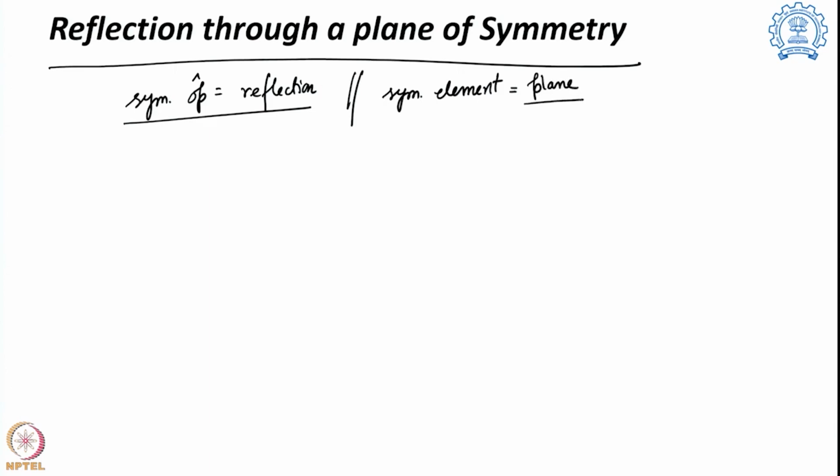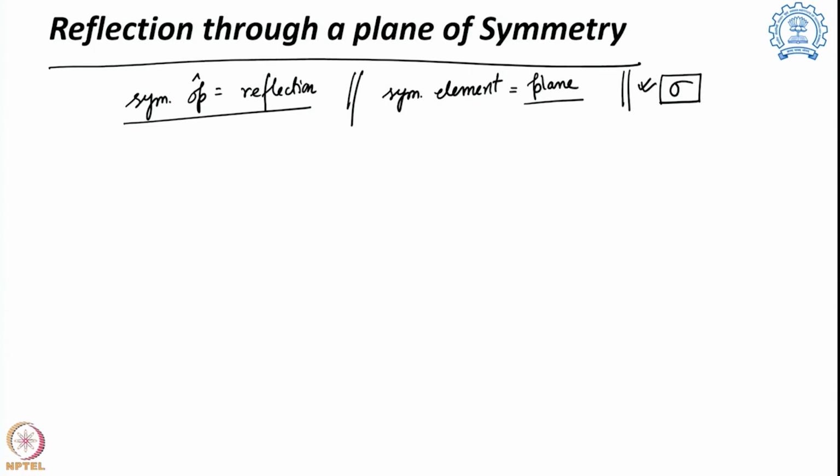So that is how I differentiate a symmetry operation and a symmetry element: a reflection around a plane. And again this is defined by the term sigma. So if you say sigma, I am talking about a plane of symmetry.